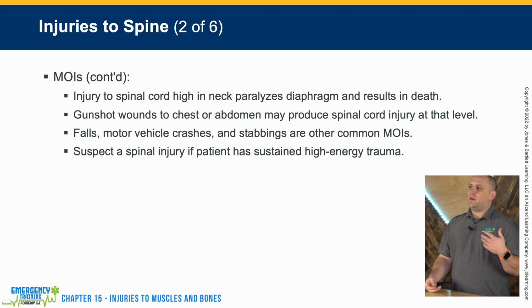We also see them from falls or motorcycle accidents. One of the most common with these is going to be diving into shallow water, causing spinal cord injury as the head impacts when you're diving into shallow water.